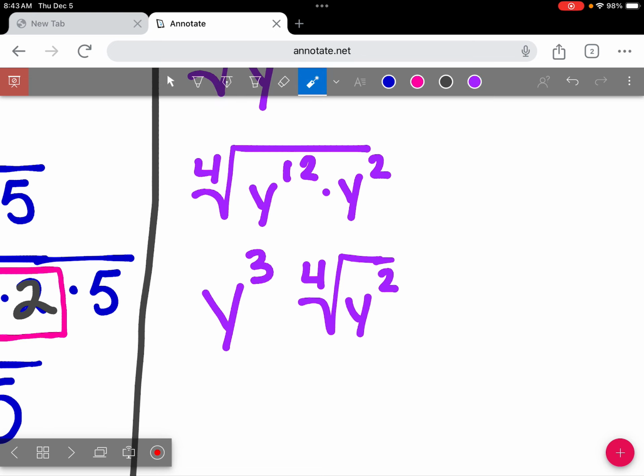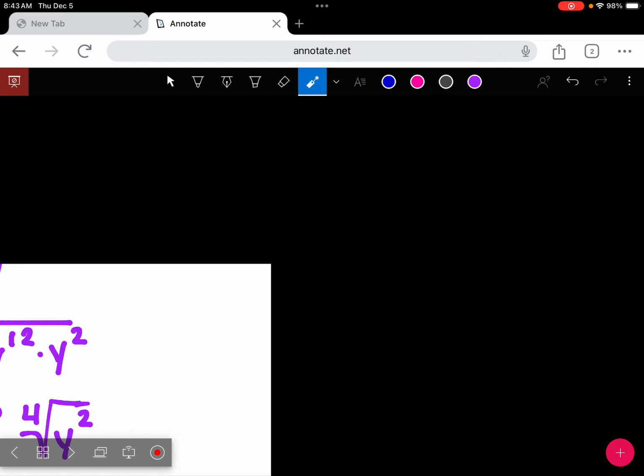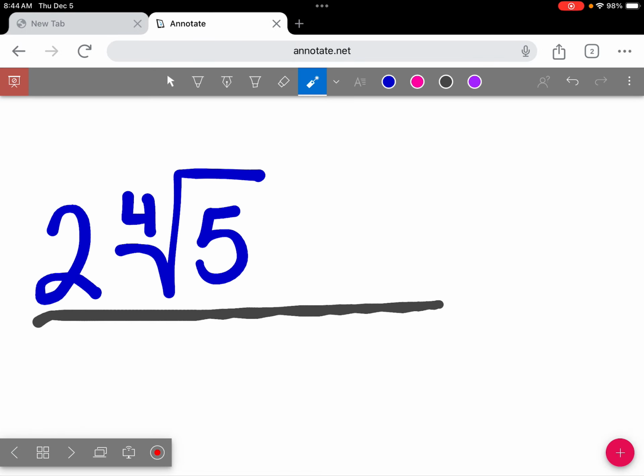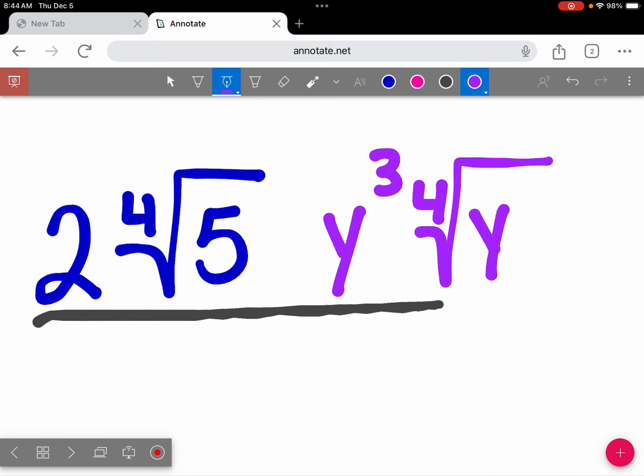My power inside is smaller than my index, so we're good to go. So my simplified version of the y to the 14th is my y cubed, fourth root of y squared.